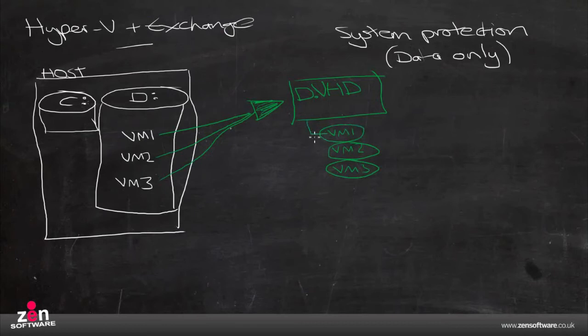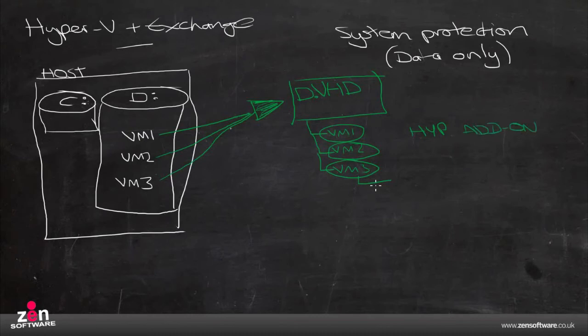That console allows us to drill down into the backup and restore either the virtual machine in its entirety, so we could go back in time to a previous version of a virtual machine, or we can restore what's within that virtual machine at the file system.